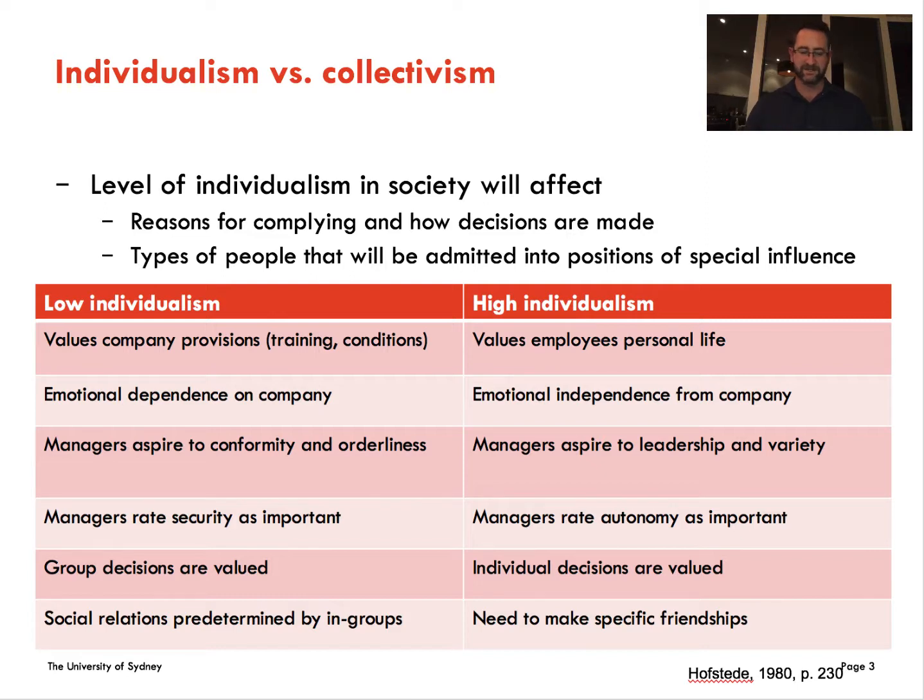Now again, I'd urge you to pause the video and think for a second about where your culture fits along the low individualism or high individualism scale. I find this one particularly interesting because it tells me a lot about my married life. I'm much more individualistic than my wife is.